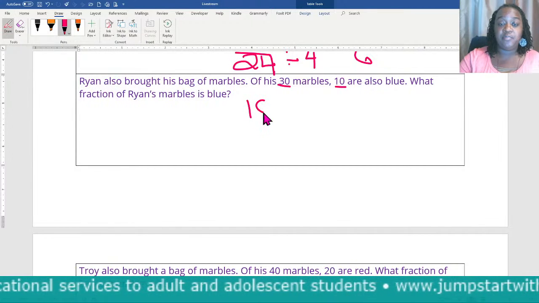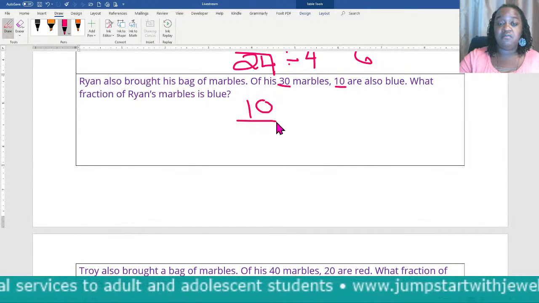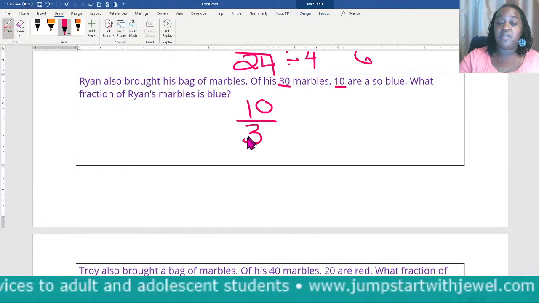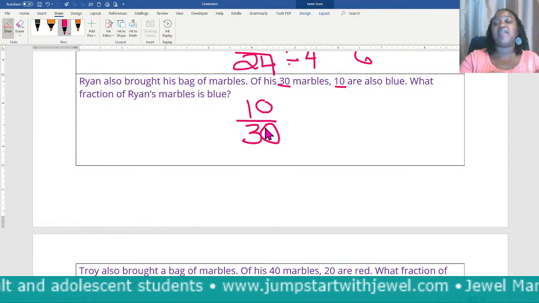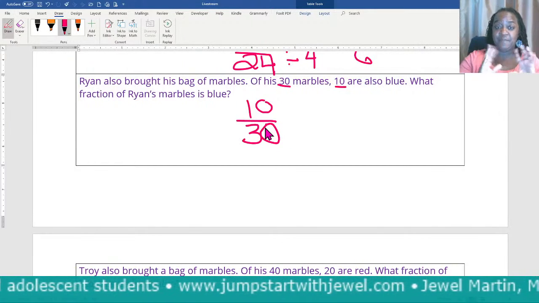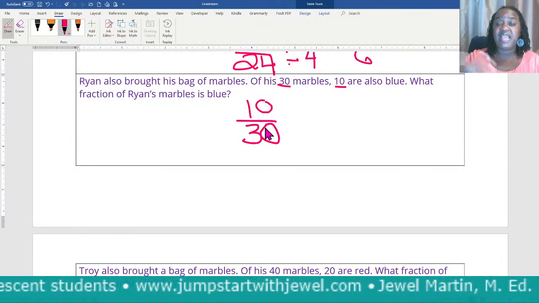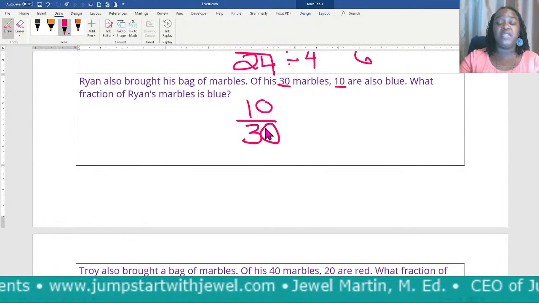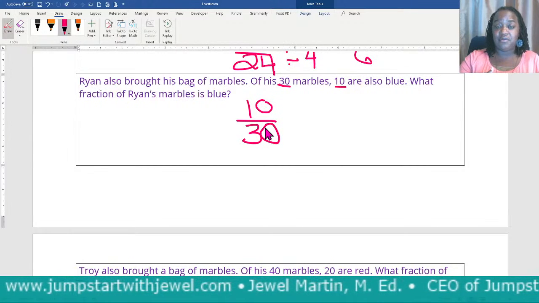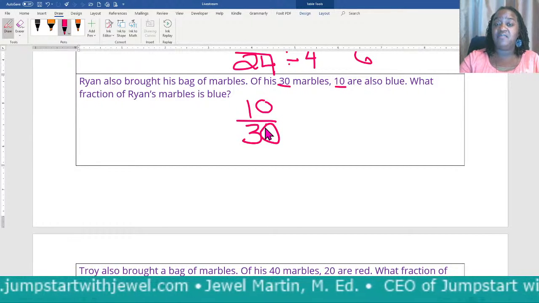So very simple. You will put 10 over 30. But once again, you look at this fraction and you say, can this fraction be simplified? Can it be smaller? Do we leave it as 10 out of 30? You would simplify this.